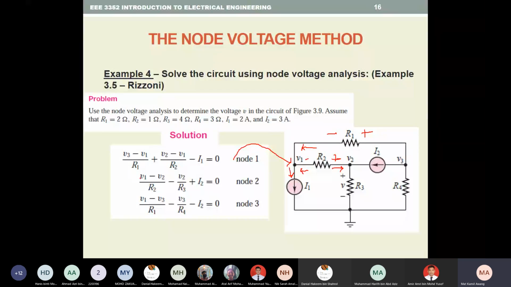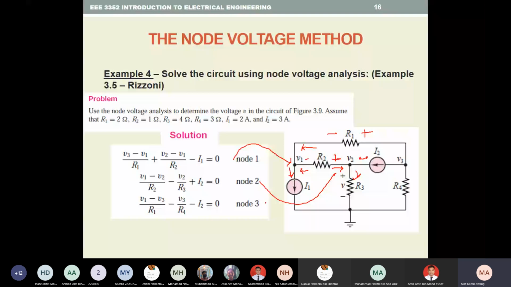So V1 minus V2 divided by R2, and V2 is going out, because it's plus minus. So minus V2 divided by R3, and plus I2 going in, equal to 0. So this is this node.